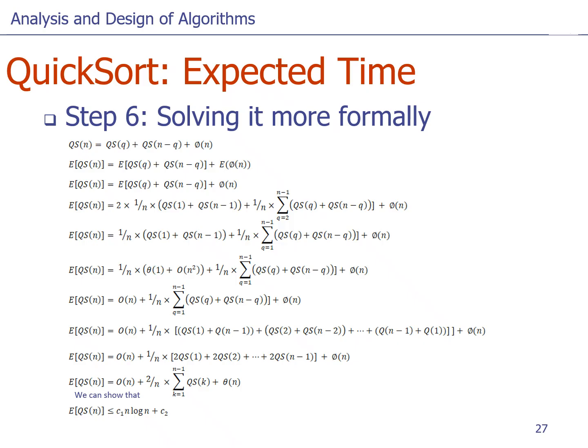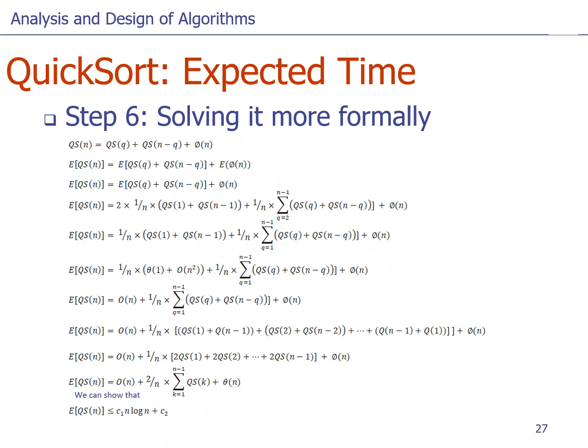Why is it written like that, quick sort of q plus quick sort of n minus q? This is actually what we do when we pick a pivot. I pick a pivot, I create the L and G. The L has all the elements less than the pivot. The G has all the elements greater than the pivot. This exercise I'm describing is what is described here as the theta of n. That we are going to do this for sure, okay, to create the L and G.